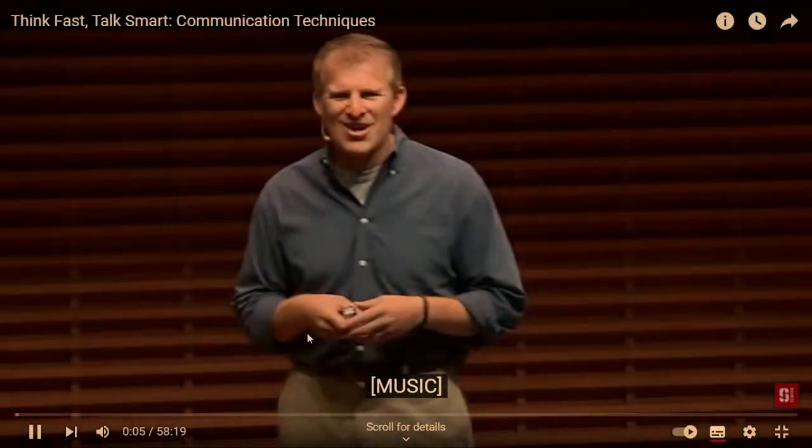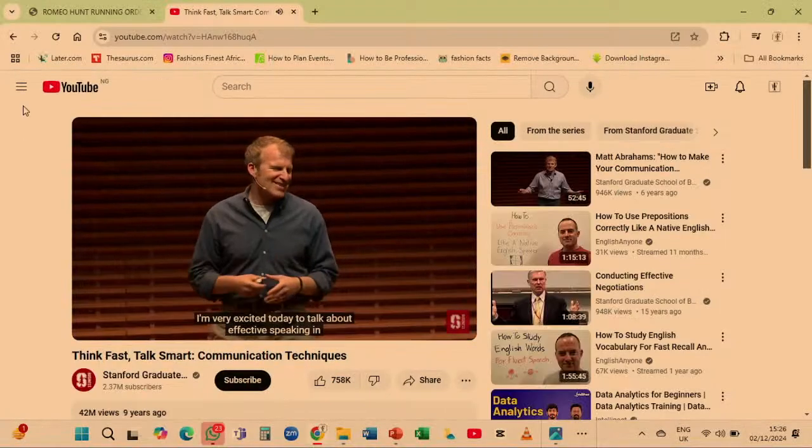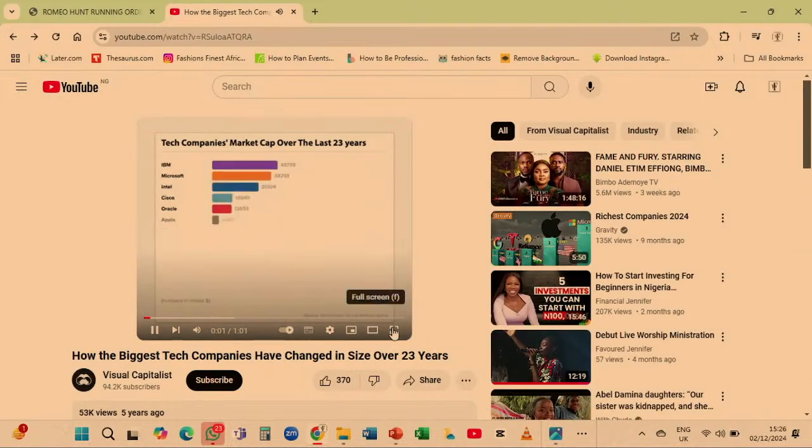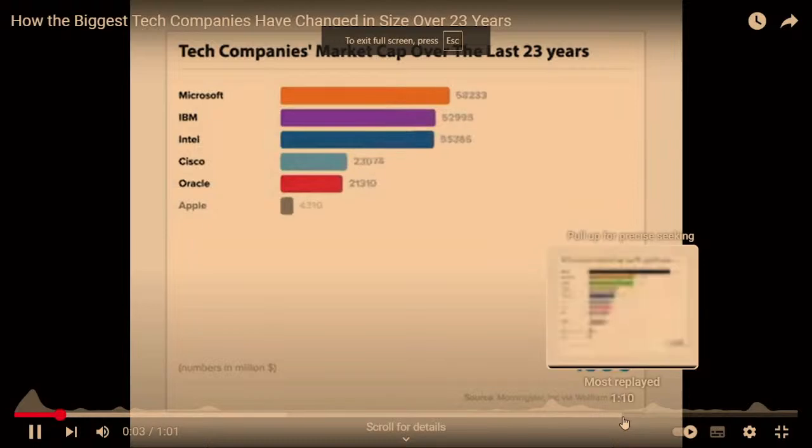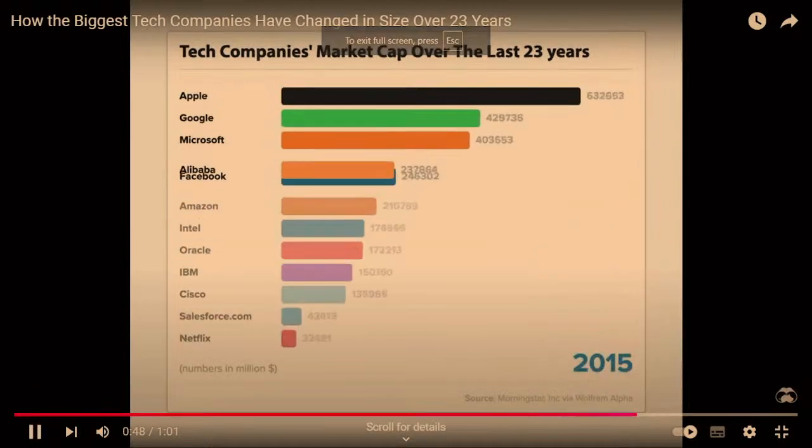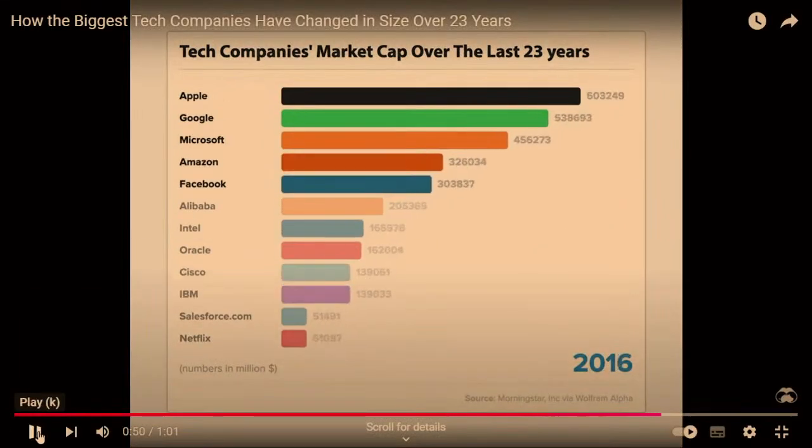Skip. Just click on the end of it. Just pause. Yes. So at the end of the day, just see what we're talking about. Apple, Google, Microsoft, Amazon, Facebook, see them, they took over from the big names that we used to know.